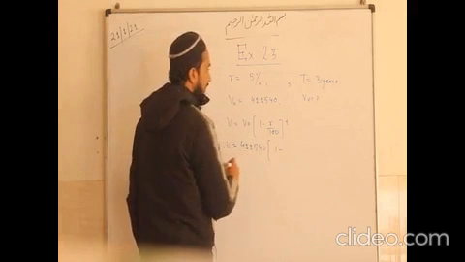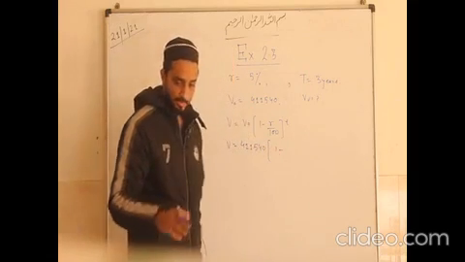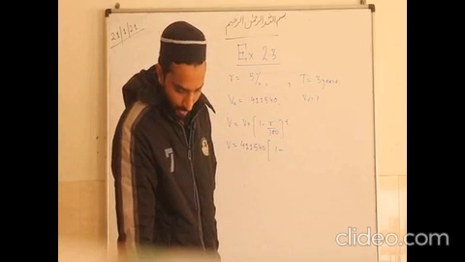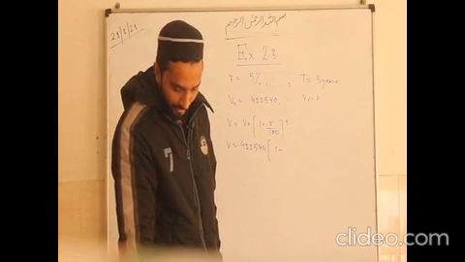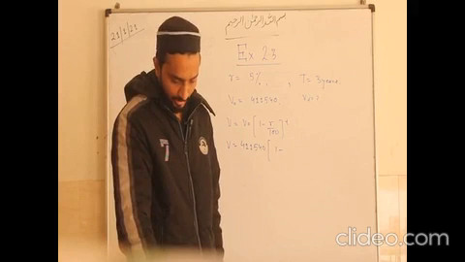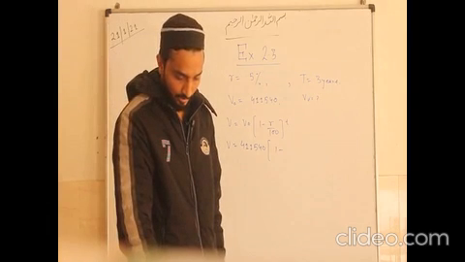What will be its value before 3 years? The question says the value of a property decreases every year at the rate of 5%, if its present value is this. What was its value 3 years ago? It's asking about 3 years ago.